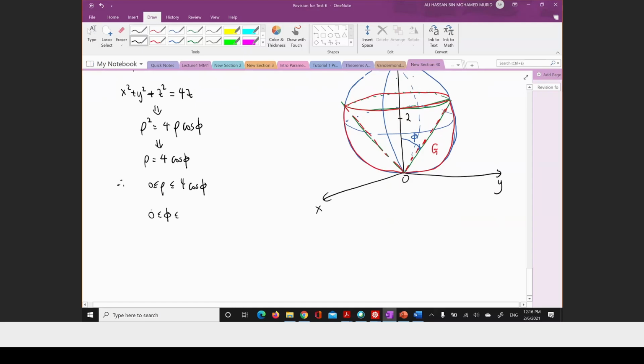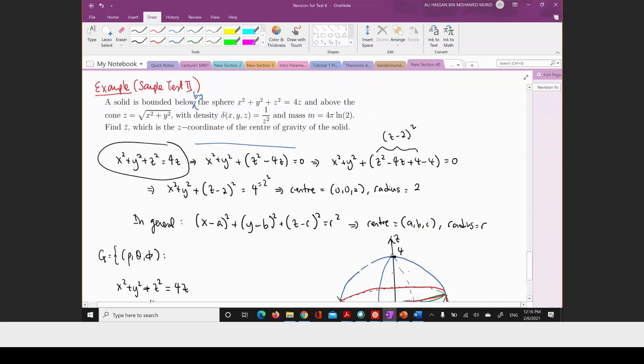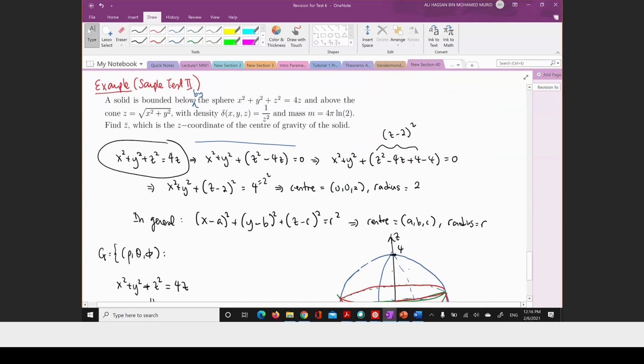The cone makes an angle pi over 4 until the sphere. Can we see the question again? It's bounded below by the sphere and above by the cone.